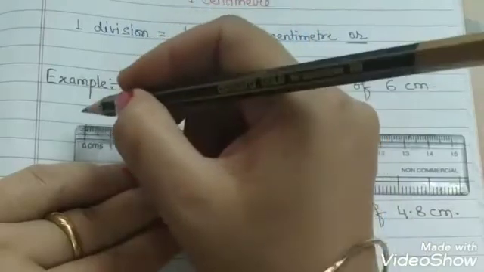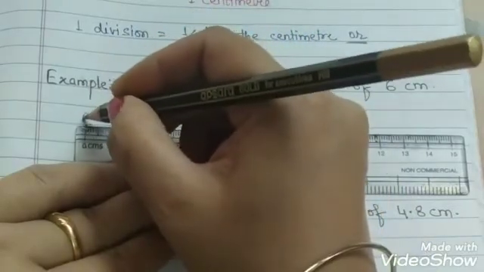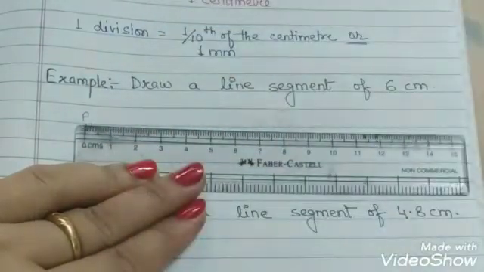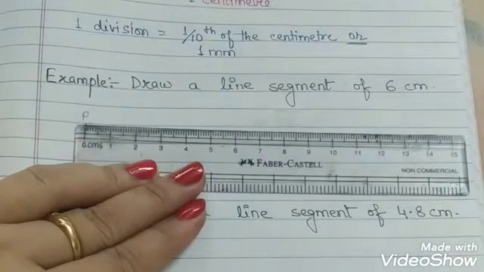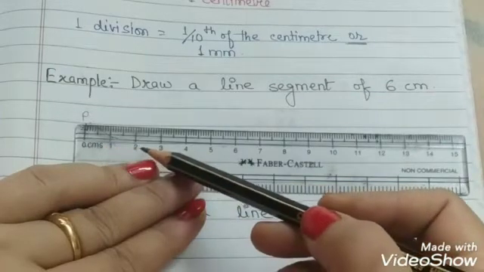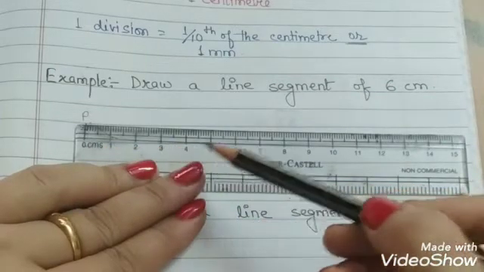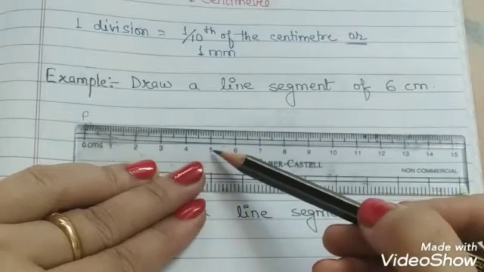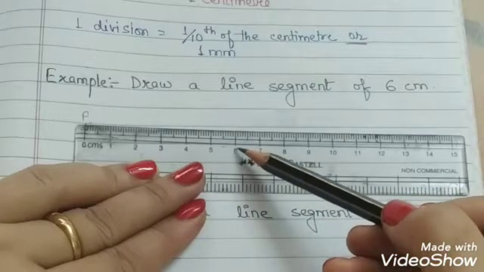Note it as P. Then after marking 0, mark point Q on the 6th centimeter mark. We'll start from 0. Then here it is 1 centimeter, 2 centimeter, 3 centimeter, 4 centimeter, 5 centimeter and 6 centimeter.